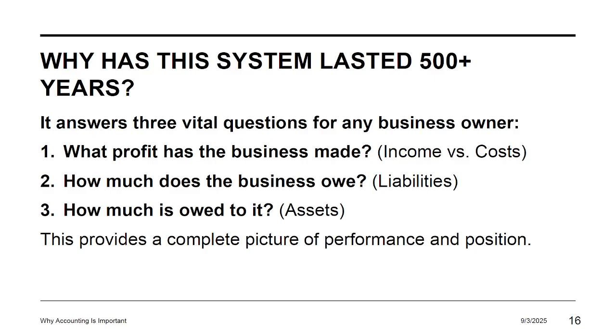The second question is: how much does the business owe? The liability, it means what is my obligation, what I owe. And the last question is: how much is owed to it? It means how many assets, how many cows, how many houses that I have, right? Together, these provide a complete picture of the performance and position of any company or any person's business.